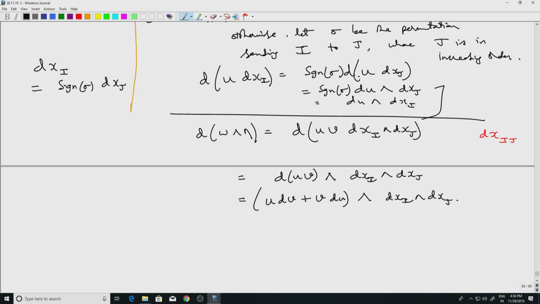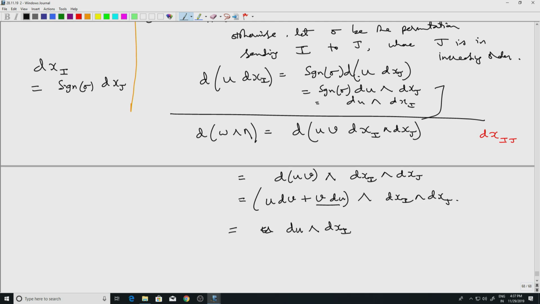So let me quickly complete this, and then I can combine this and write it as: the term v du will give rise to du wedge dx_I.